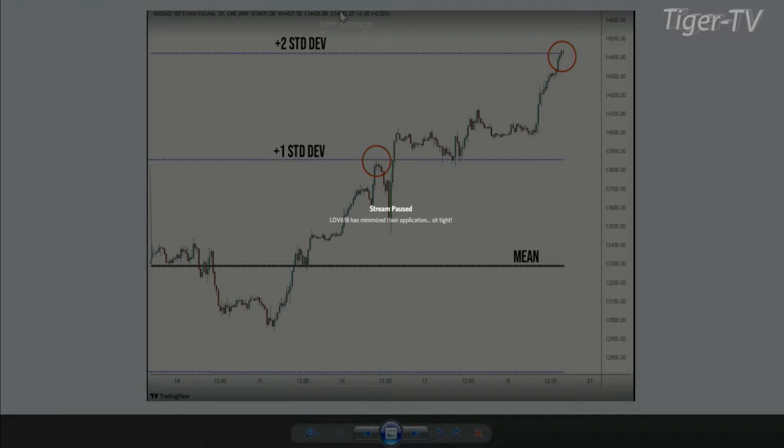The reasoning for that is because the options players have to stand in there and protect themselves at that point. And that's why we think it's so very, very important to pay attention to these numbers. They really are quite important. Sometimes they don't work, but the odds are, I'm talking odds in the 80% category, that they work pretty good.